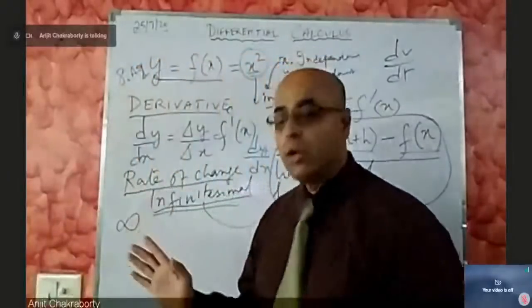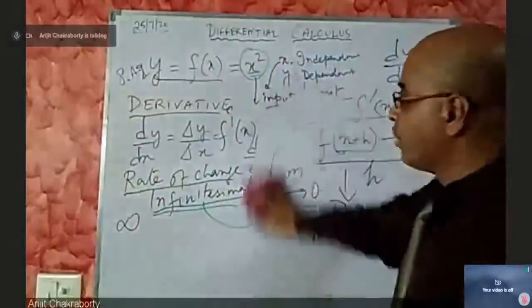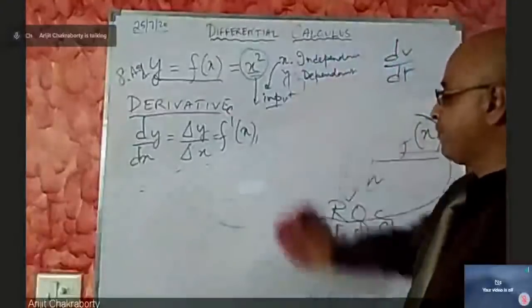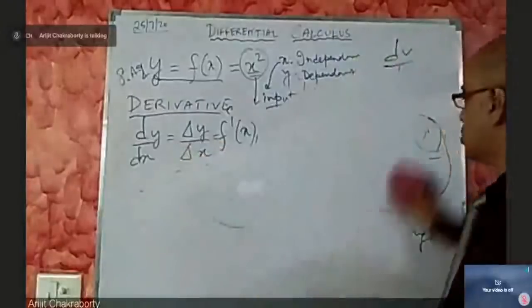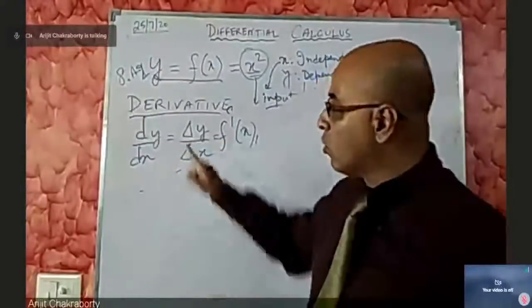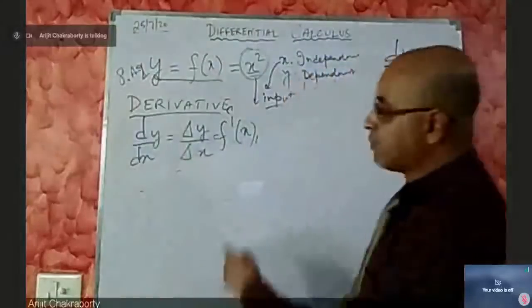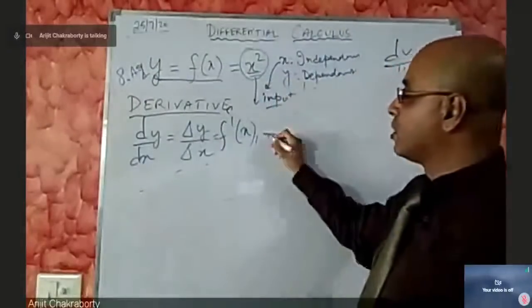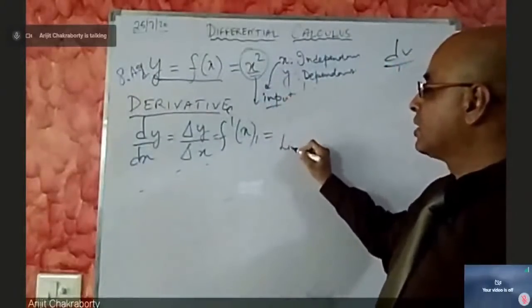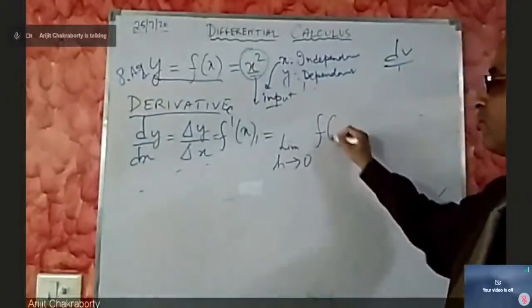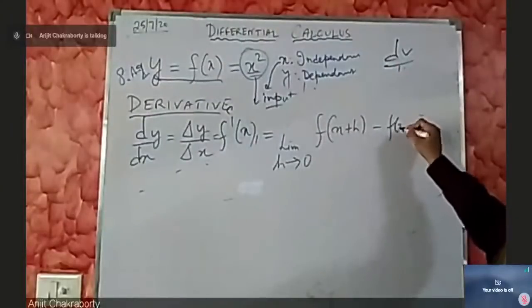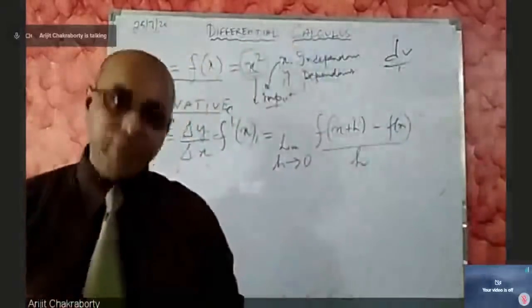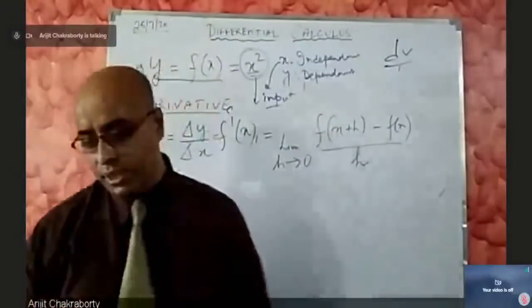And as we saw, the derivative has many symbols. It can be dy by dx, which shows it is the derivative of y with respect to x. It can be shown by delta y by delta x. It can be shown by f dot x, and this is also equal to limit h tends to 0 of f of x plus h minus f of x by h. So all of them are the same and all of them mean derivative or differential coefficient.